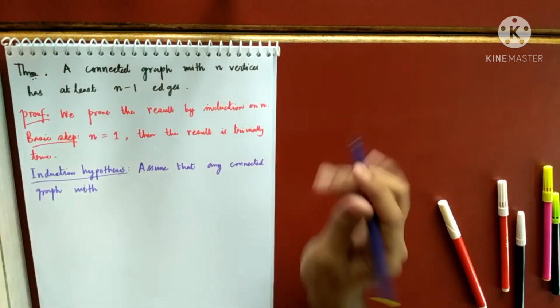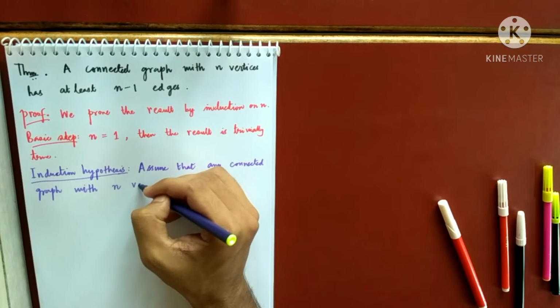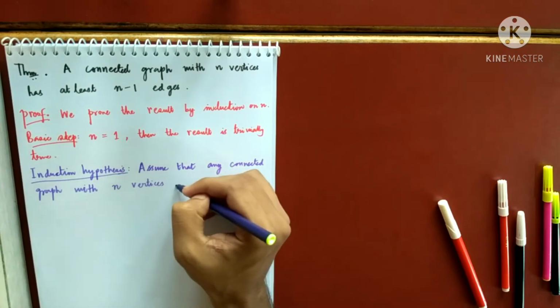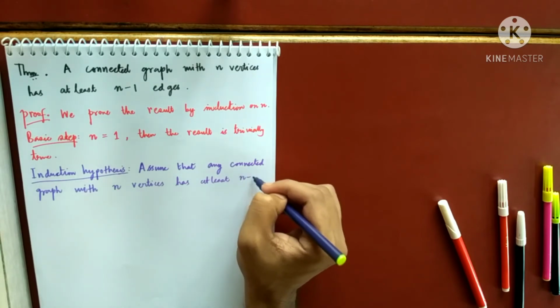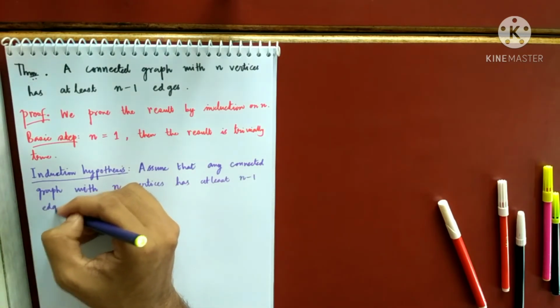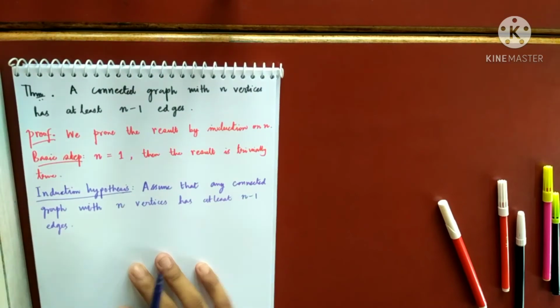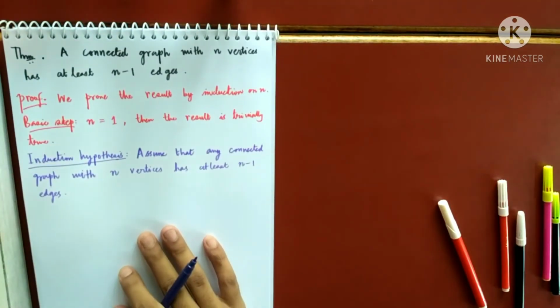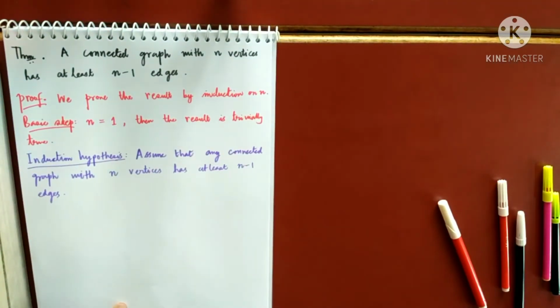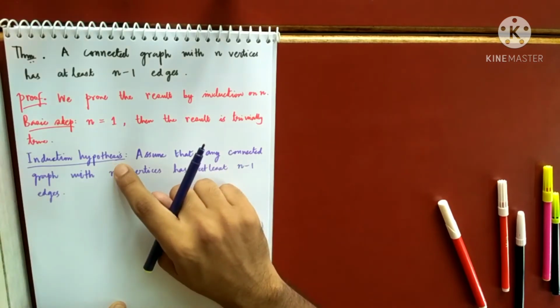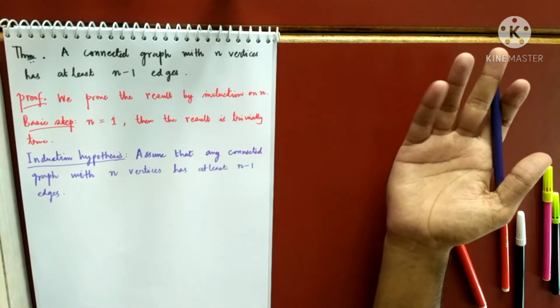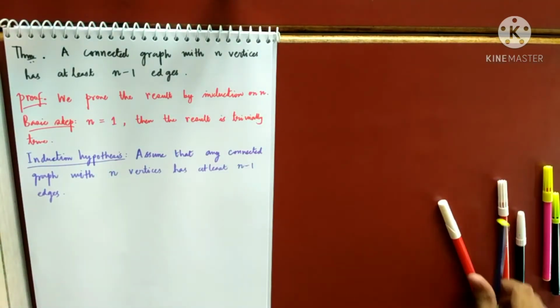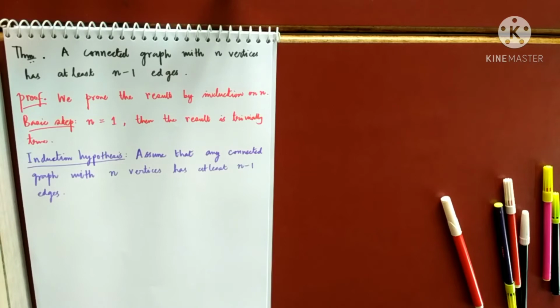So assume that any connected graph with n vertices has at least n minus 1 edges. You might be confused that I am writing the same statement. Basically, this is what we do in the induction hypothesis. Whether you take k or n doesn't matter. This is my induction hypothesis.